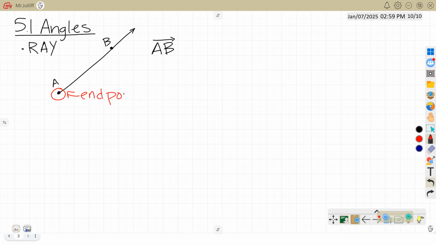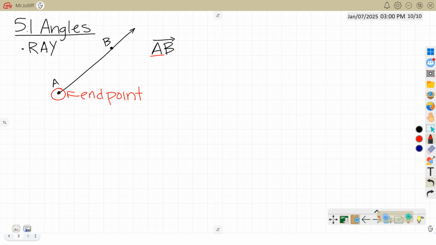And it's always the first letter in the name of the ray. And rays should have two letters, right? The first point tells me where it starts. The second point tells me which direction it's pointing in. So two points. First point is the endpoint, it's where it starts. Second point defines which direction it's pointed in.